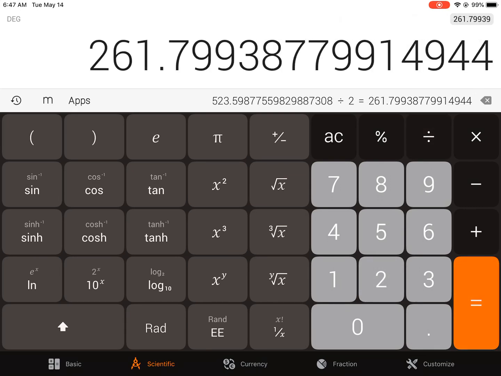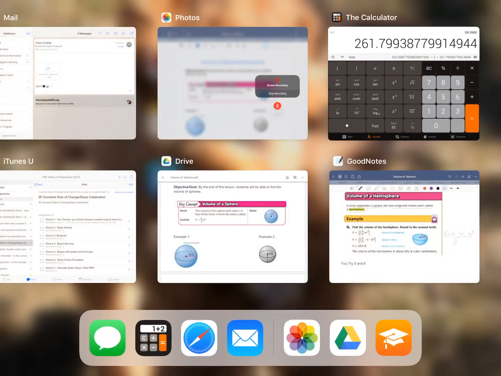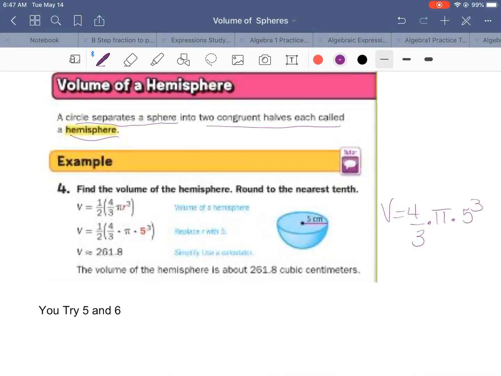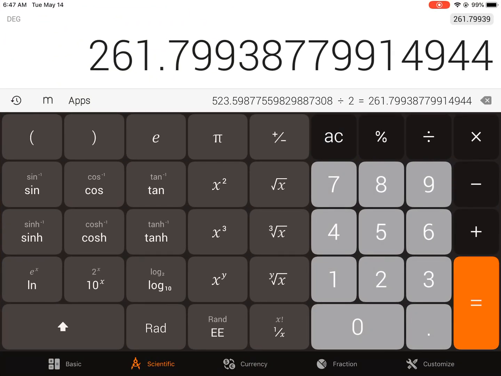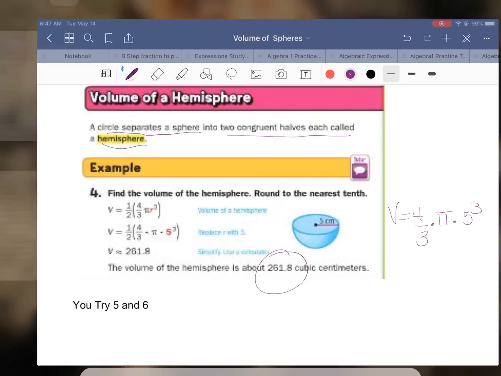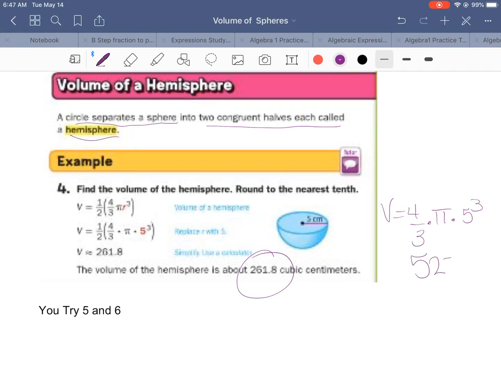And you will get 261.8. Let me just calculate it back for you. 523.6 was our volume, and if we take that and multiply it by 1/2, that gives us our hemisphere.